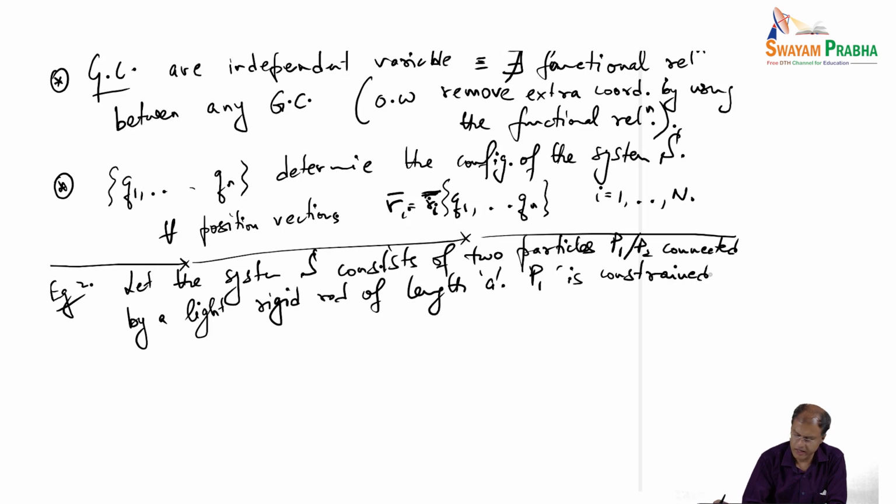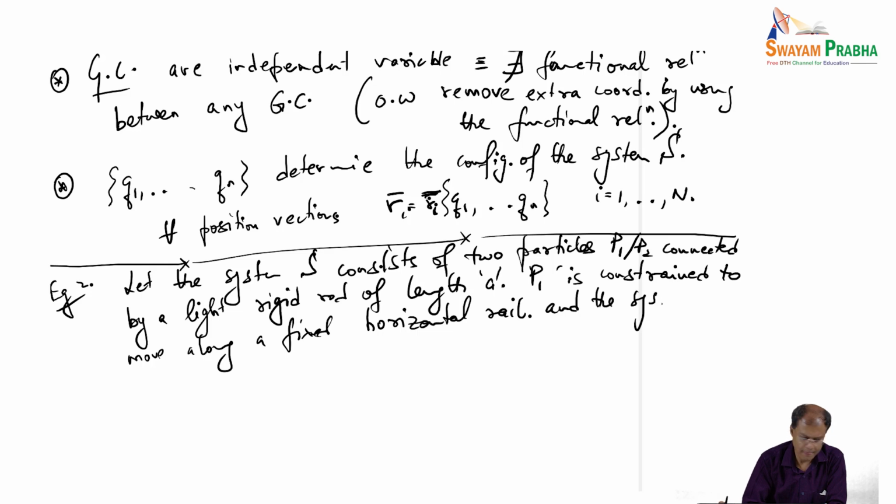P1 is constrained to move along a fixed horizontal rail, and the system moves in the vertical plane through the rail.